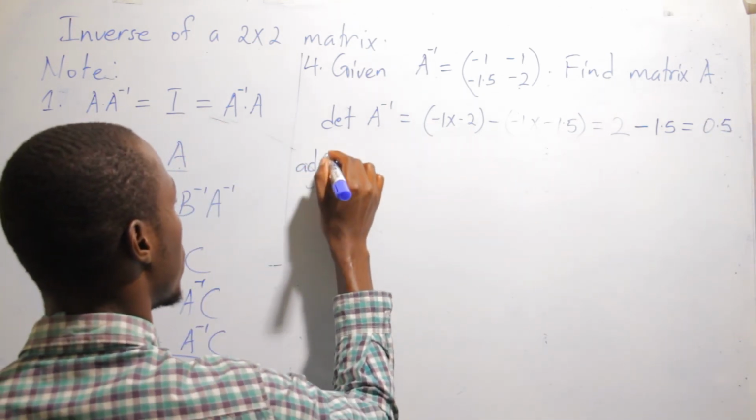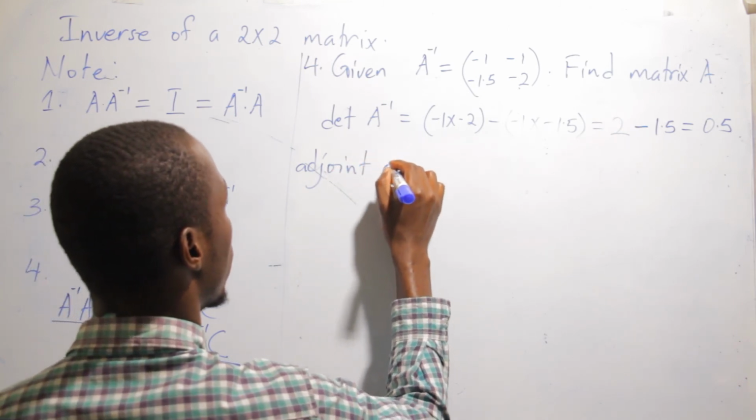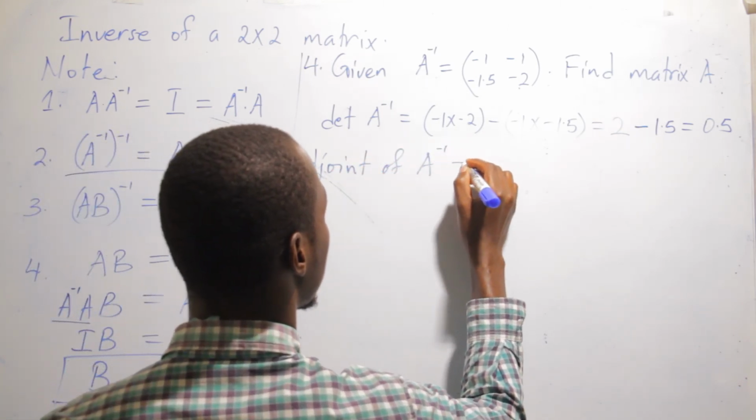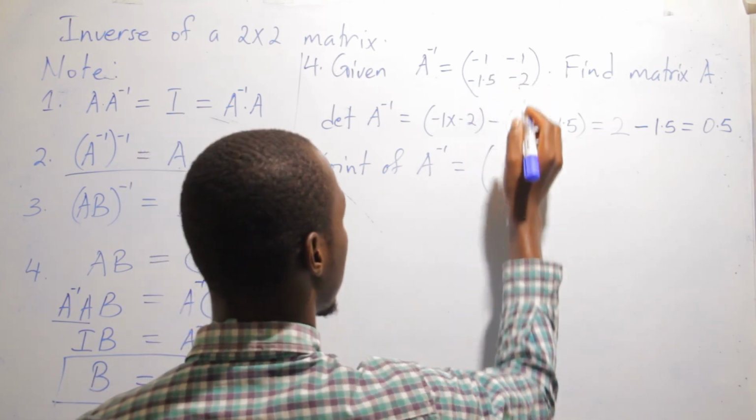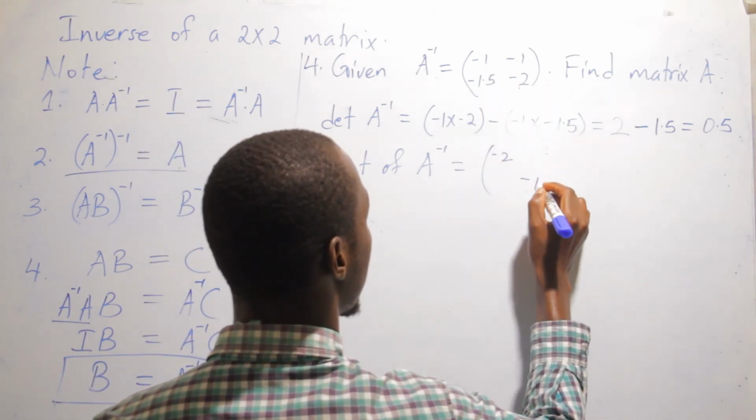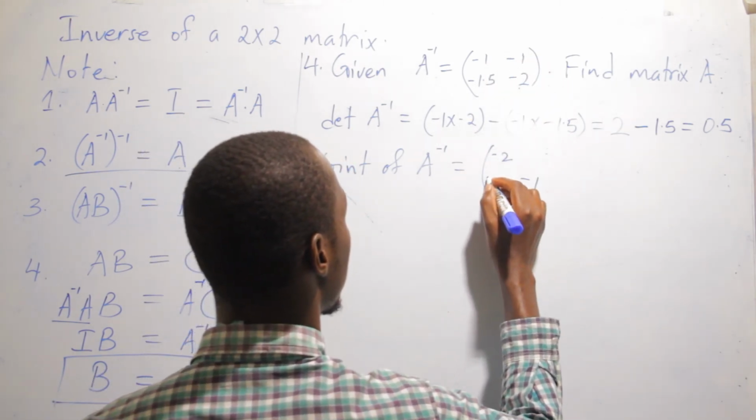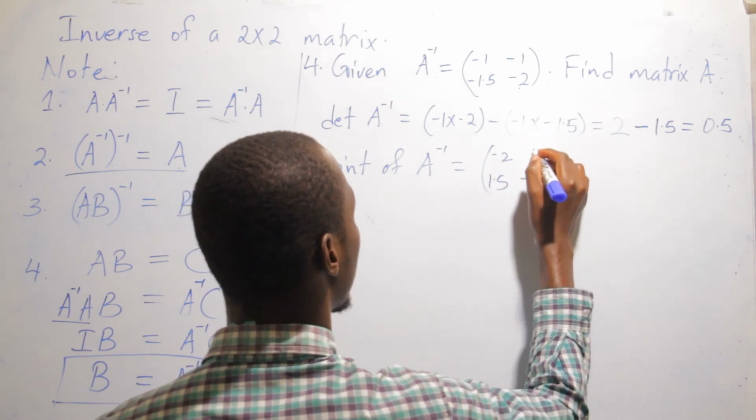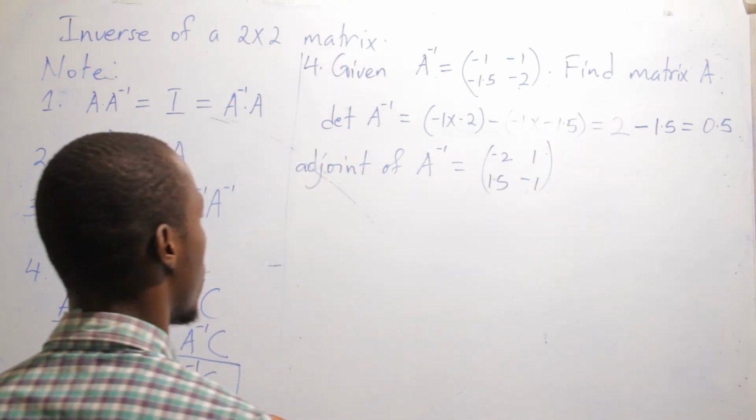Now to get the adjoint of A inverse, we interchange elements in the leading diagonal, and we change the signs of elements in the minor diagonal, which is that.